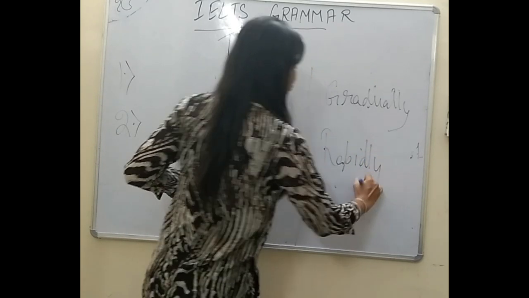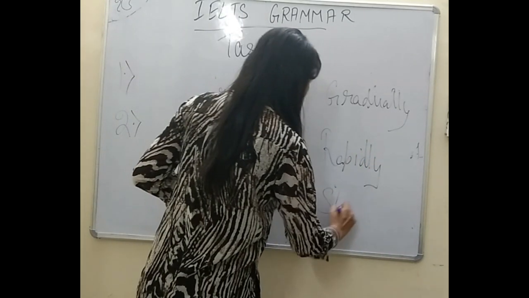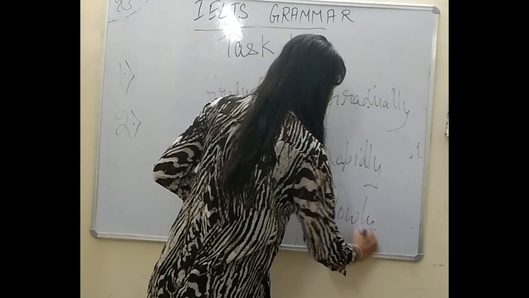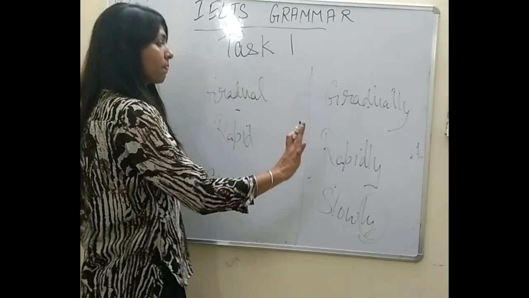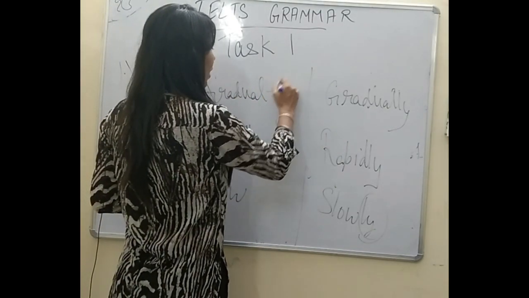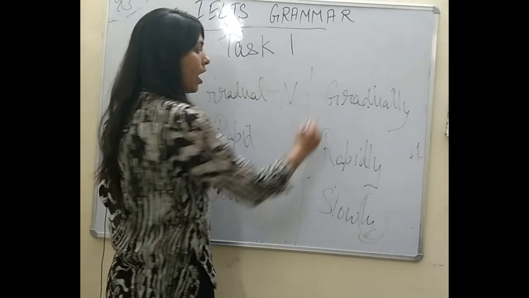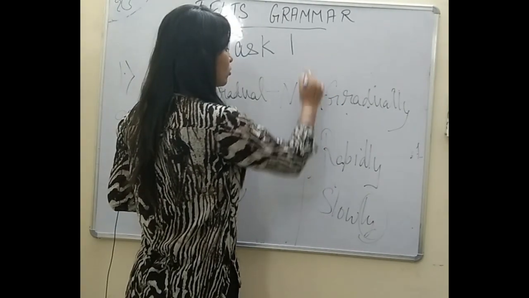Rapidly is an adverb. Slow is an adjective and slowly is an adverb. When we add ly to an adjective, it becomes an adverb. And after an adjective you always use a noun, and before an adverb you always use a verb.